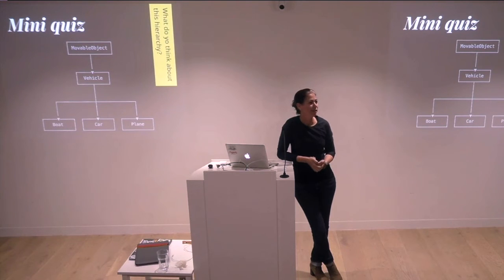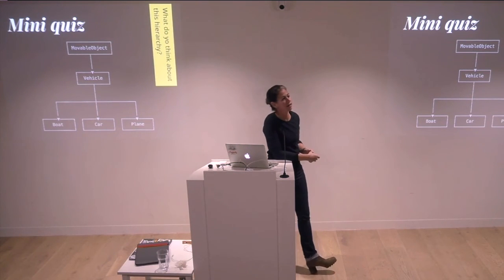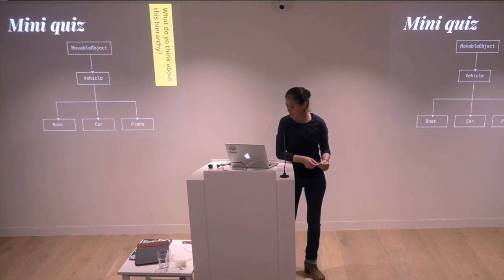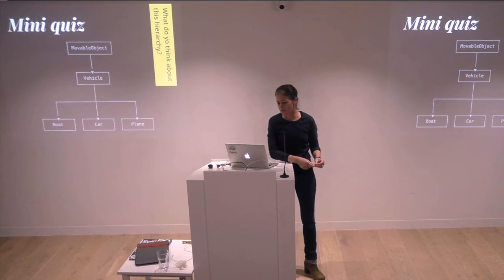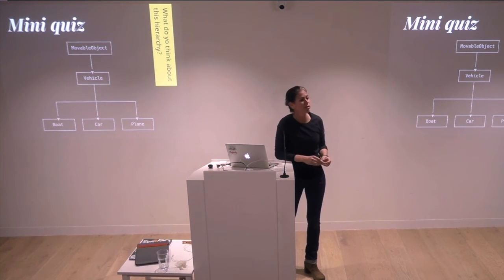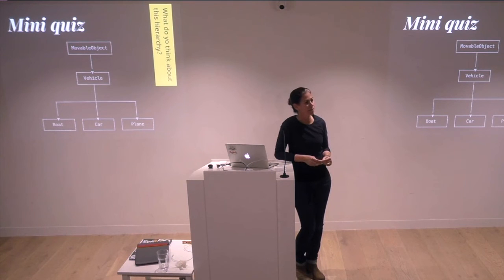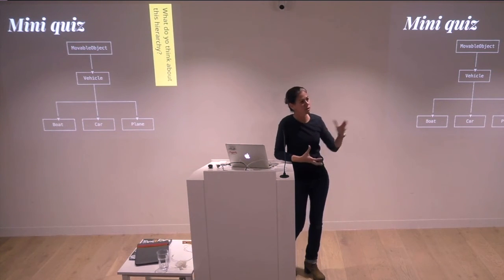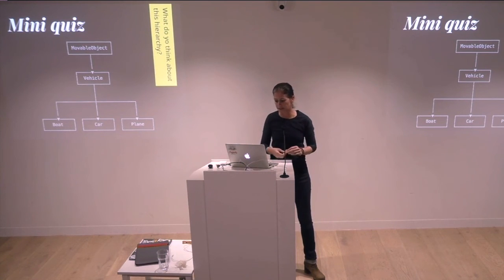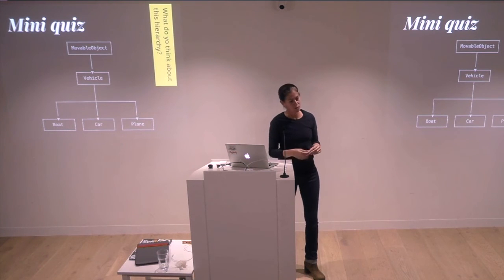Well, I think this is a questionable hierarchy because car and plane would have very distinct behaviors, so it would be very hard to justify this hierarchy in general. The problem is that if we did do this, we are now set in stone that vehicle is the parent, and we have some strings attached to the parent.